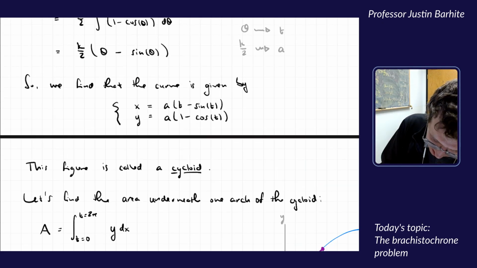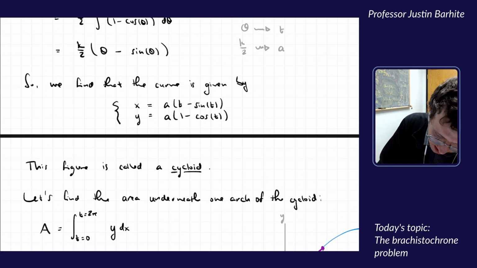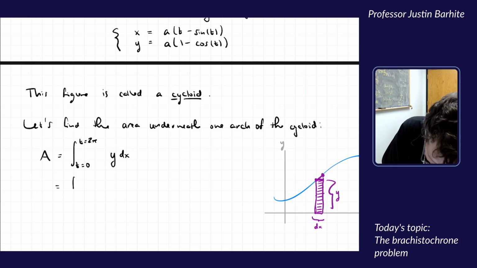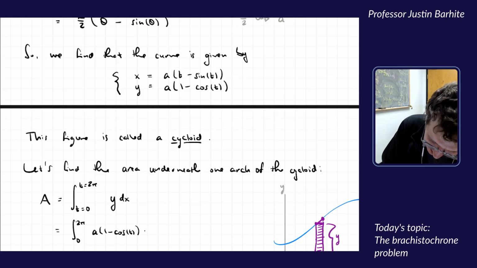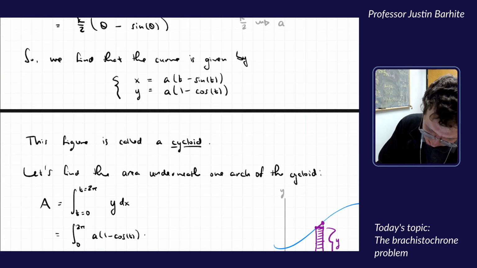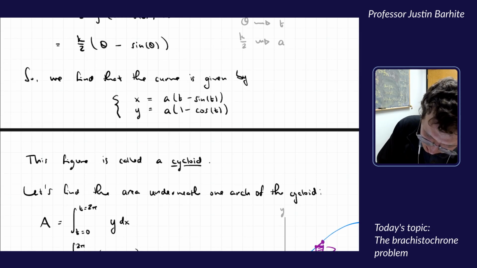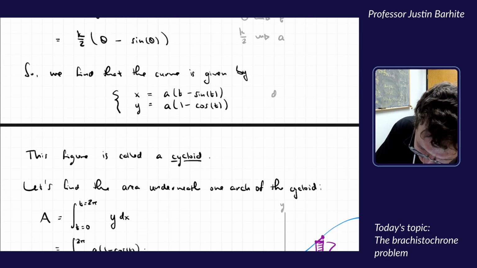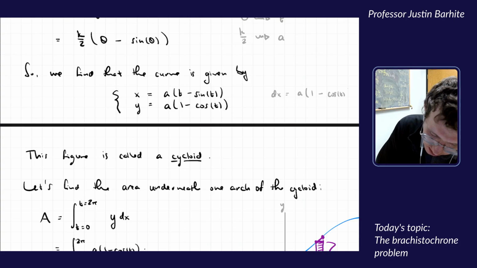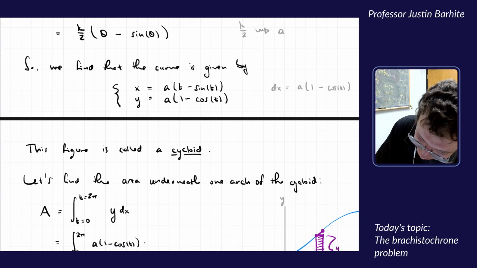Okay, I have expressions for x and y. So y is a times 1 minus cosine of t, and dx, let me make a little note in the side here, dx is a times, well, the derivative of t is 1, the derivative of sine t is cosine of t, and the dt.